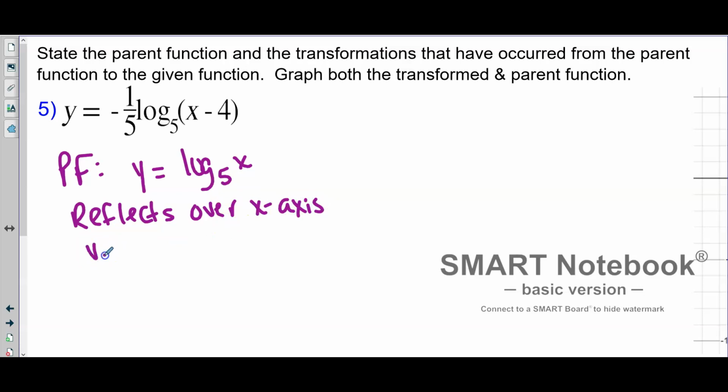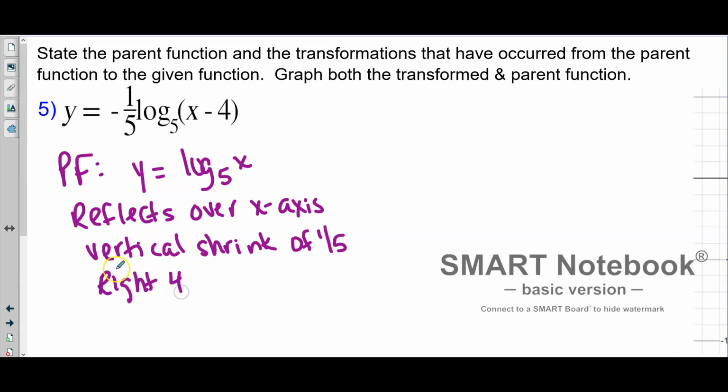The 1/5 gives you a vertical shrink. And then the minus 4 is with the x. When you change your x, that's left and right, and it's the opposite. So x minus 4 means you're shifting to the right 4.